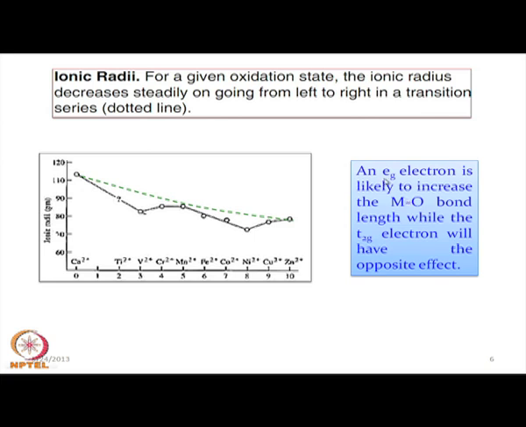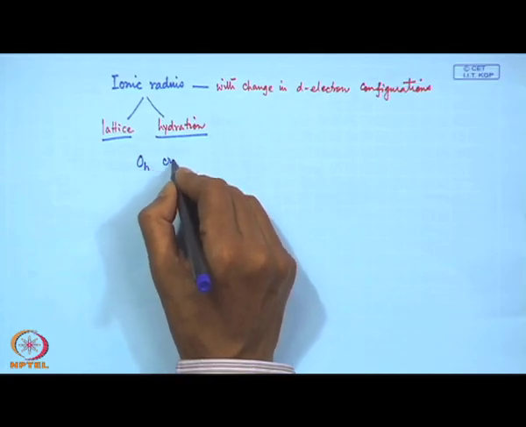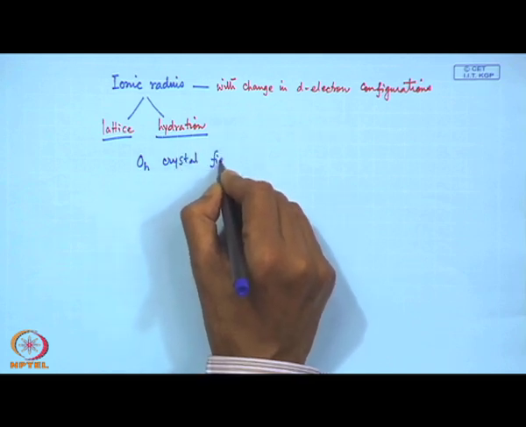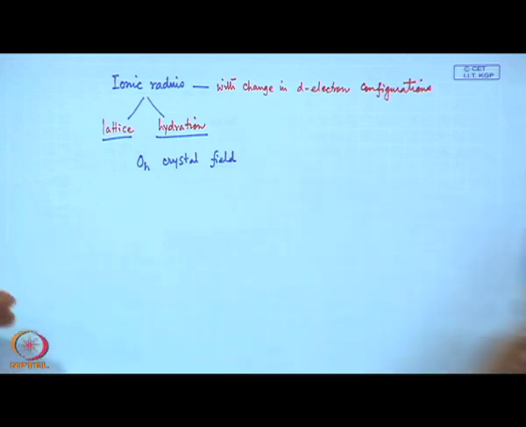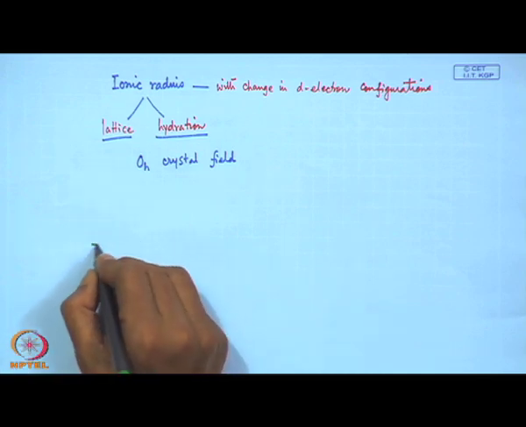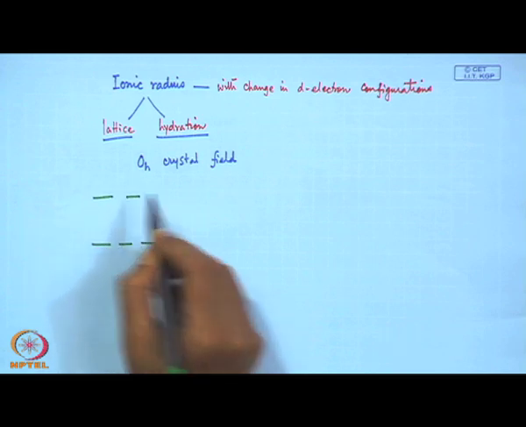Why is this so? Because of the occupancy in these two levels, where we have the T2G and EG electrons, in an octahedral crystal field. There are orbitals which are T2G and EG.